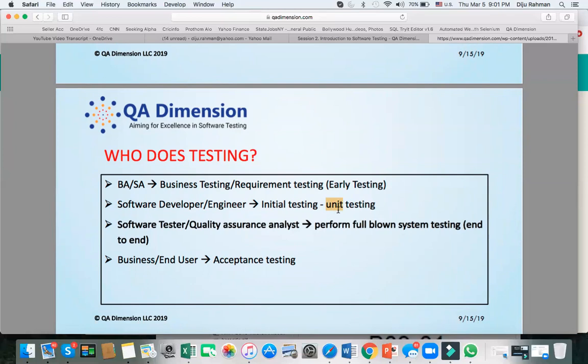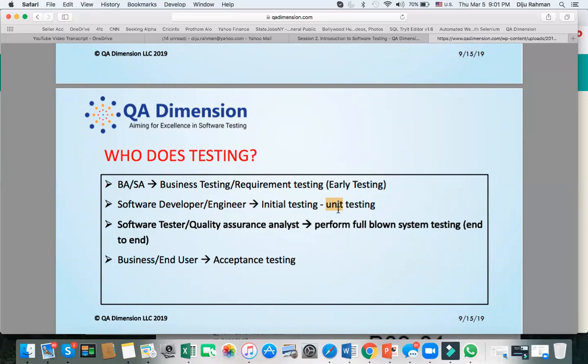Code-based means the developer will only be testing based on his code. If the code has some sort of logic, like if-else logic, like if x equals 25, then print confirm; if x is less than 25, print not confirm, the developer will run his code to see if it's working.